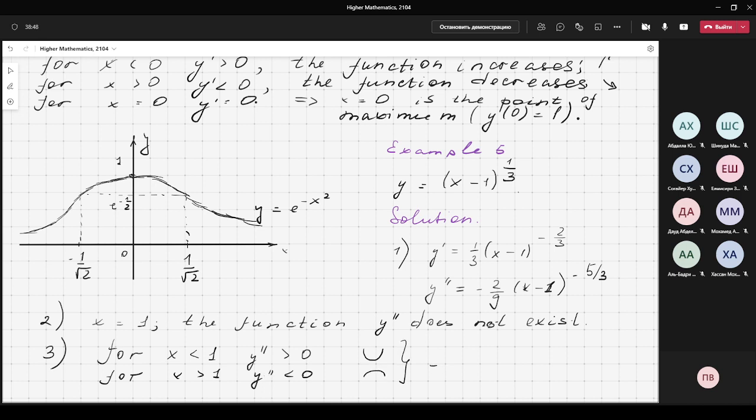Consequently, at x equal to 1, there is a point of inflection.